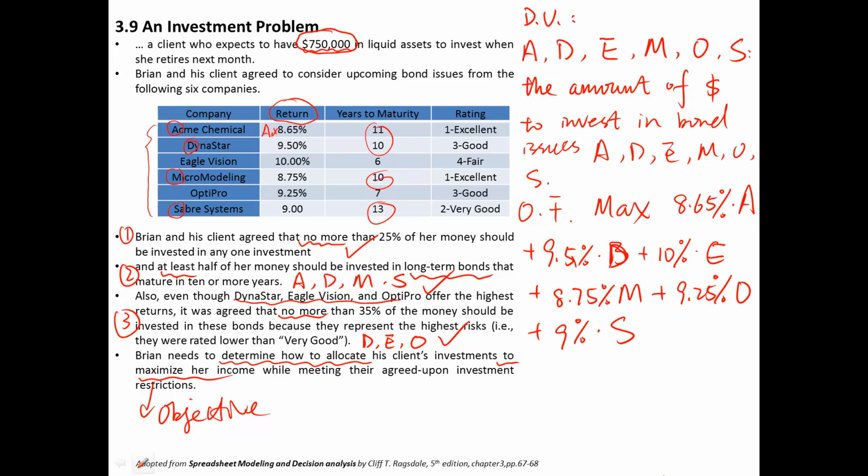What if now I'm going to use a different definition for my decision variable?